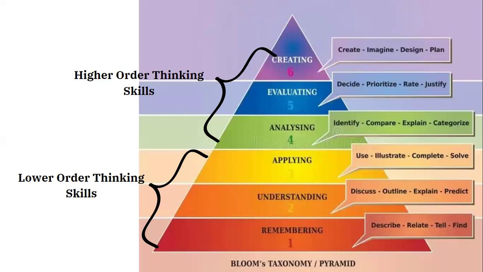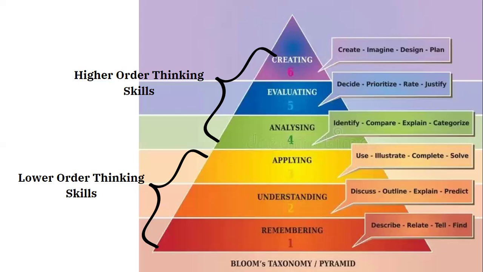Now, let's understand each of the cognitive levels. The first one, remembering. The purpose of remembering is to see, can students recall information they have read or heard? Number 2 is understanding. Understanding means, can students explain the ideas or concepts they have read or heard about?